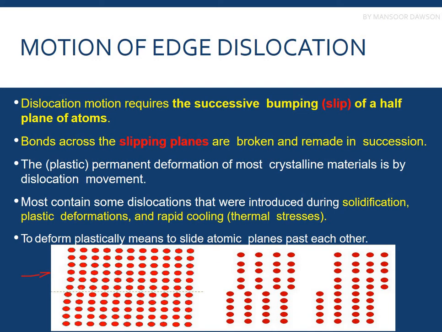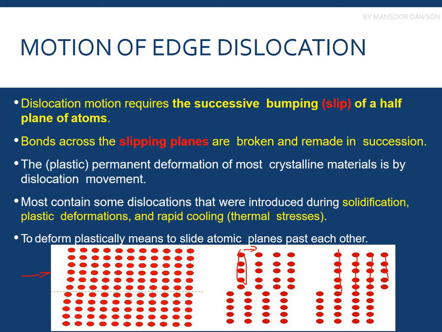This is along the dislocation line, and you can see that the bonds are being broken and remade. When this bond moves towards this, it would make this bond, and in succession it would be remade and broken.